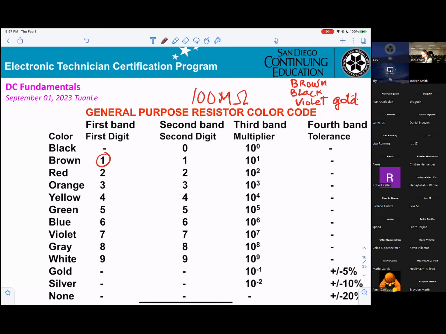The second digit will be 0. First one you get a 1, the second digit will be 0. Now you have to multiply by violet. Is violet 7, right?